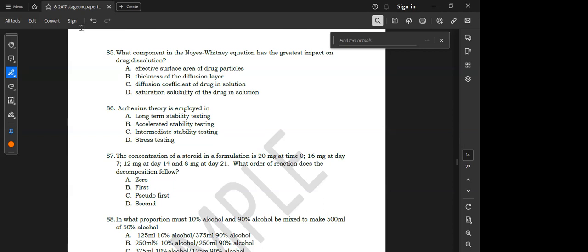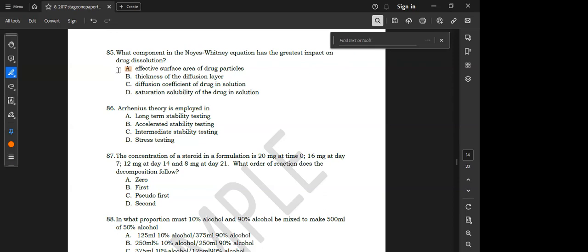It's asking the one that has more impact compared to others, and it's the surface area. So we go with surface area. Yes. Okay.